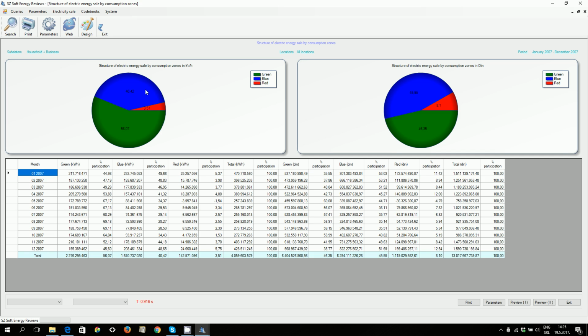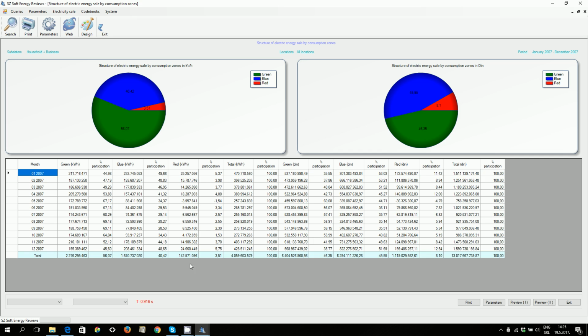Then 40.42% of kilowatt hours in the blue tariff has a part of 45.55% in electric energy sale in dinars, and in the end 3.51% of kilowatt hours in the red tariff has a part of 8.1% in electric energy sale in dinars.